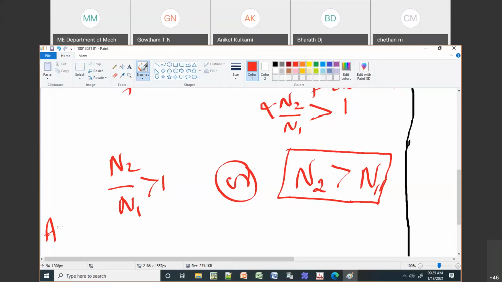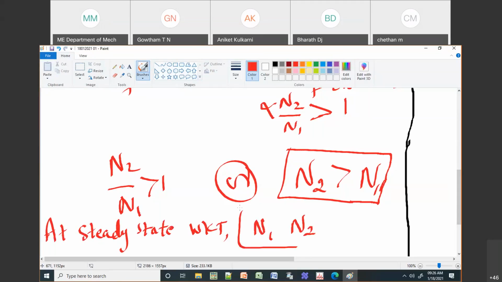At the steady state, what is the condition for N1 and N2? We have done this.